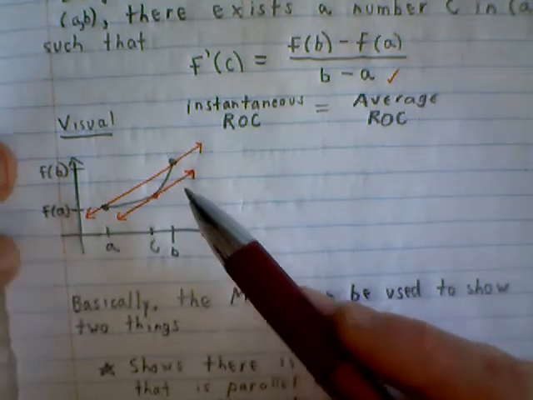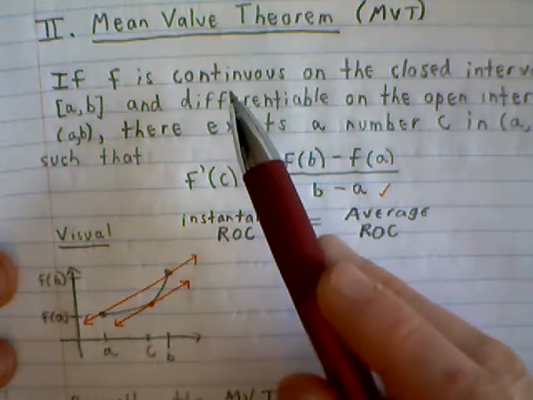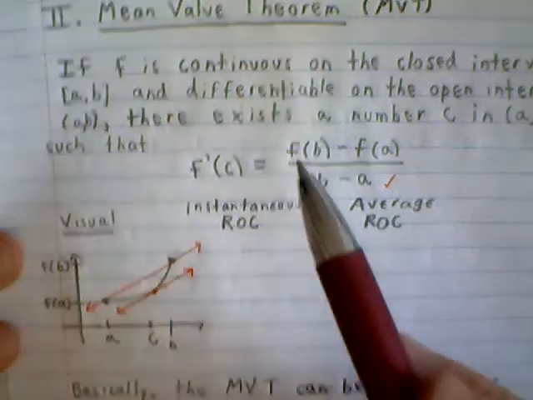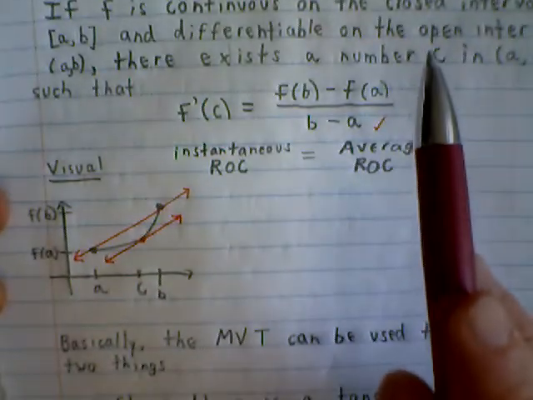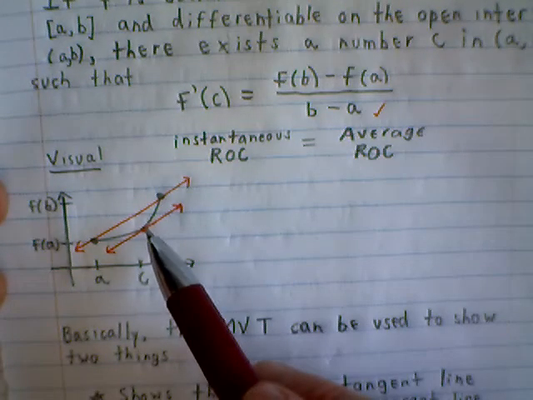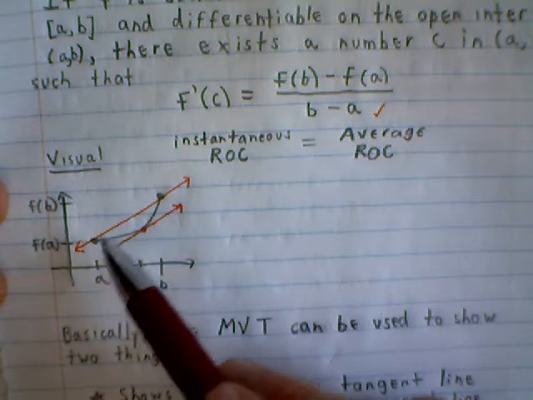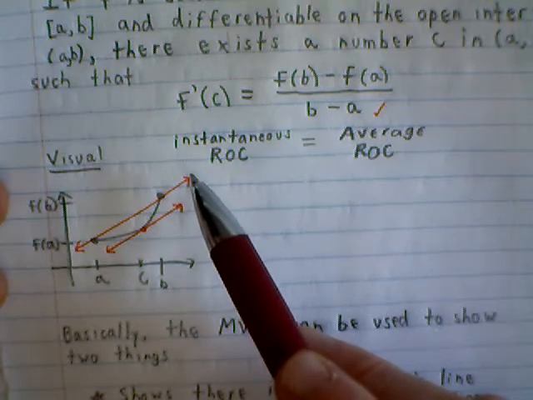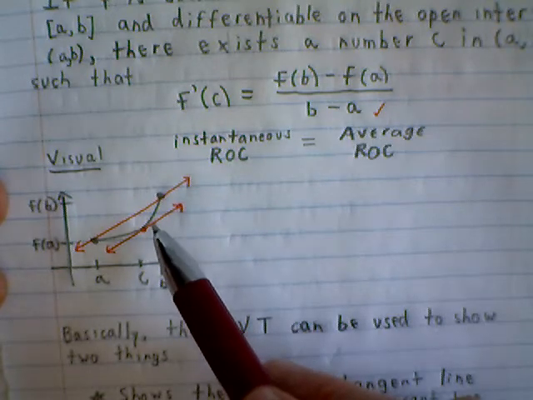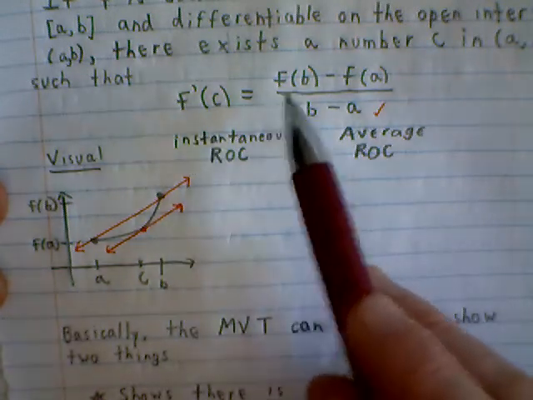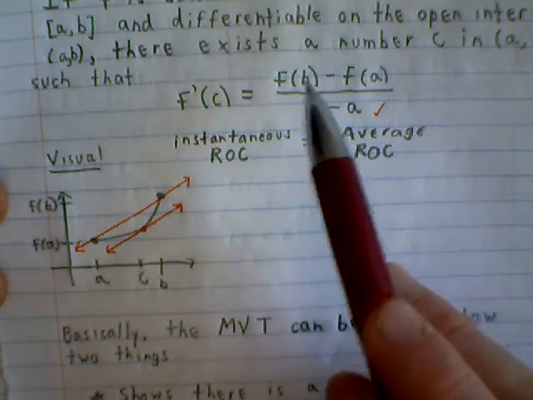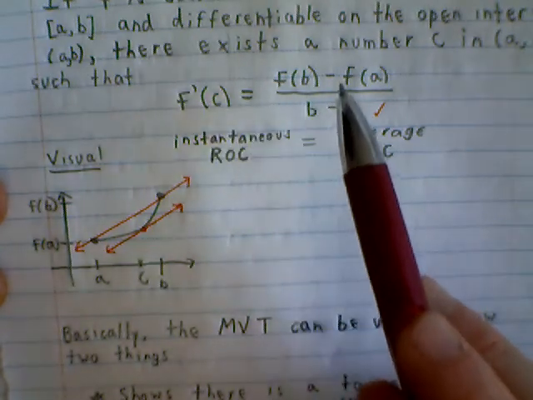So the mean value theorem says that if a function is continuous and differentiable on an interval, there's at least one place where the slope of the tangent line at a point equals the slope of the secant line through the endpoints. All right, slope of the tangent line at a point equals the slope of the secant line.